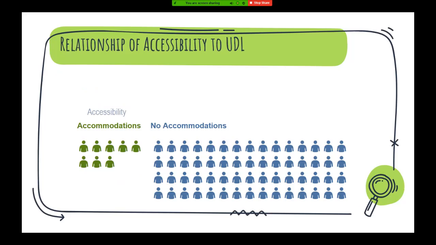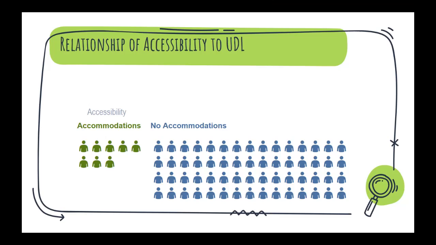So consider this, and we'll roll them all together: accommodations, accessibility, and universal design. Let's say you have 60 students in your classes. Maybe you're teaching 3 or 4 sections of a course. Perhaps you have 6 or 7 learners who have come in with a documented need for accommodation.